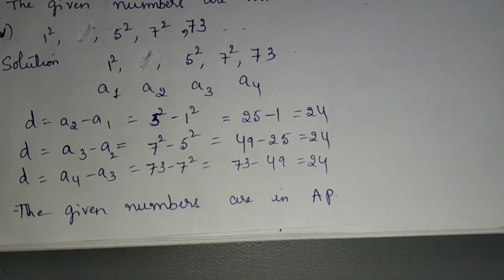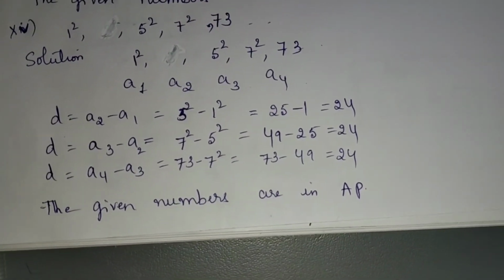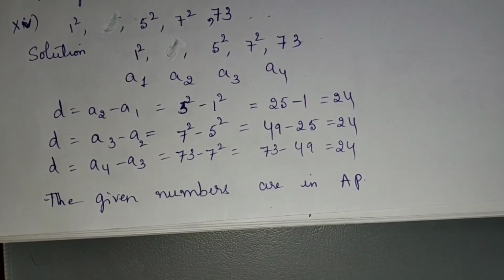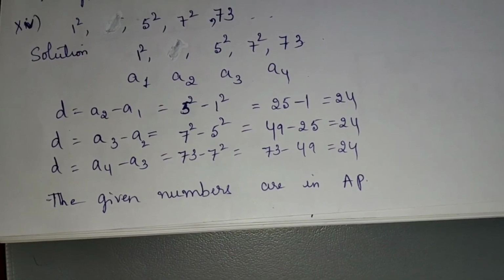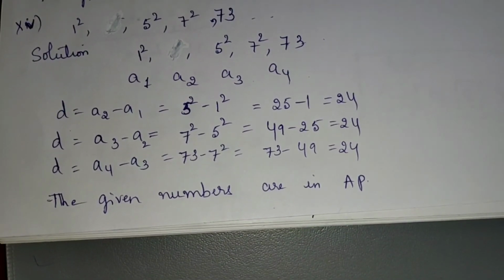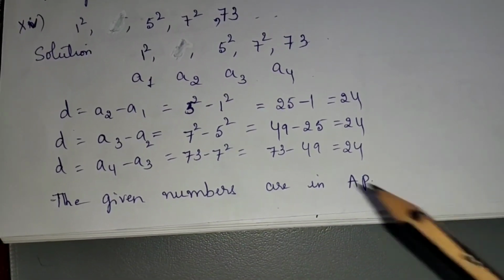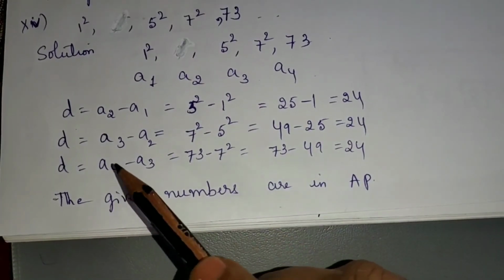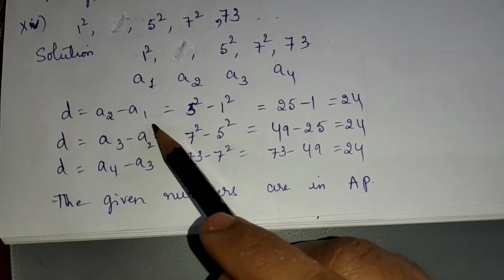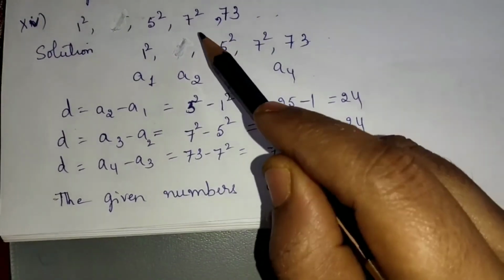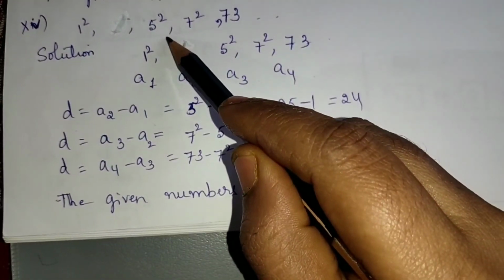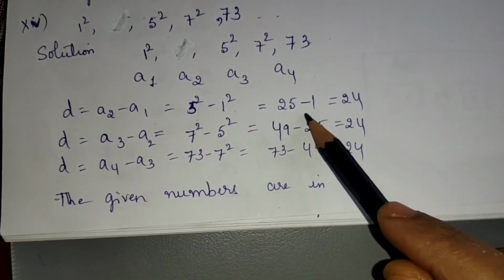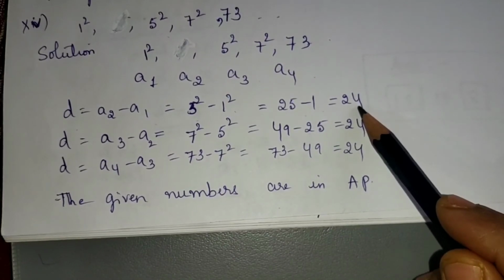The last question of this exercise, that is 15th question. 1 square, 5 square, 7 square, 73. Write the numbers and name it as A1, A2, A3 and A4. Here, if you take the difference of second term minus first term, second term is 5 square minus 1 square. 5 square means 25 minus 1 is 24.